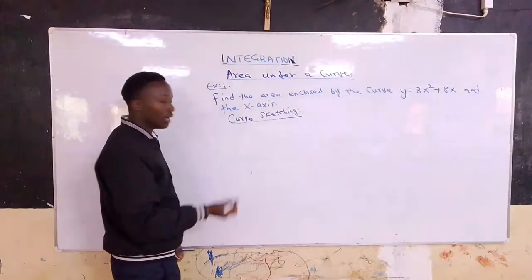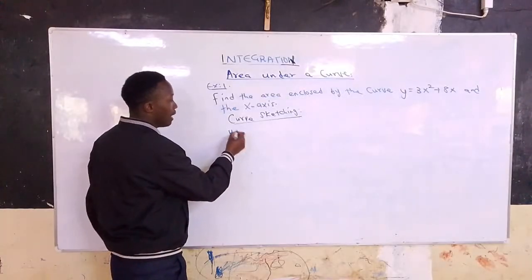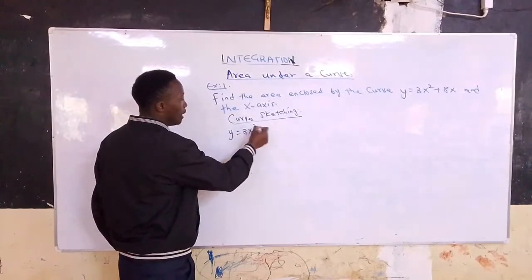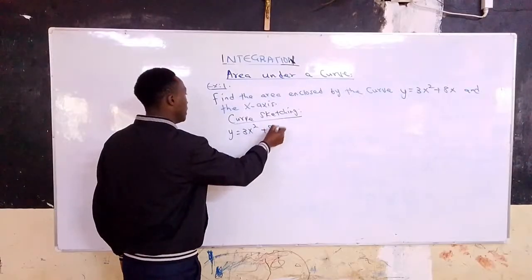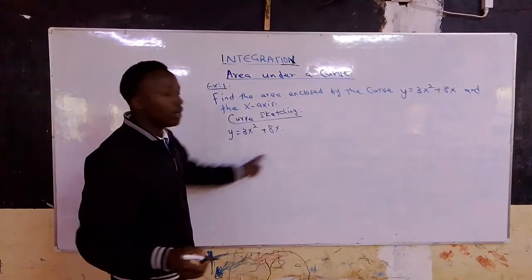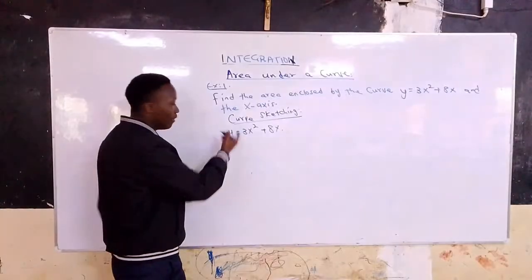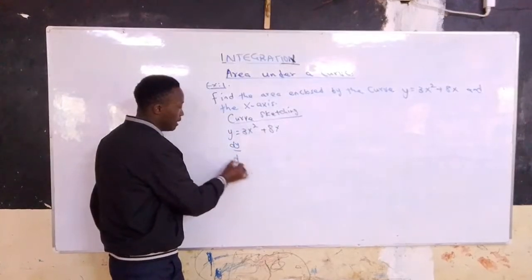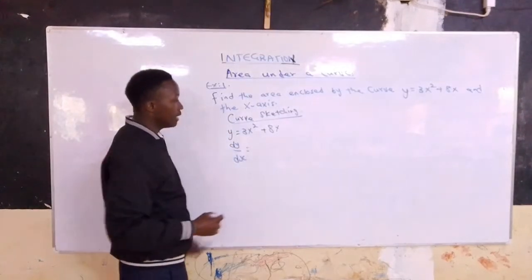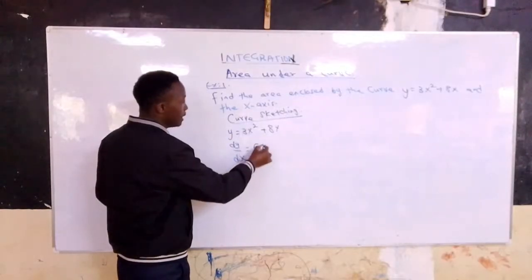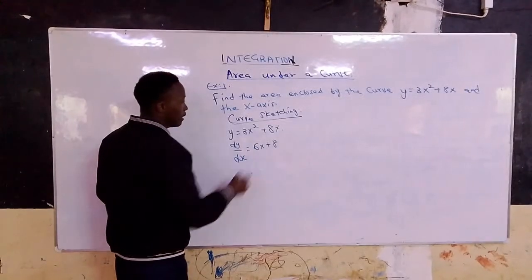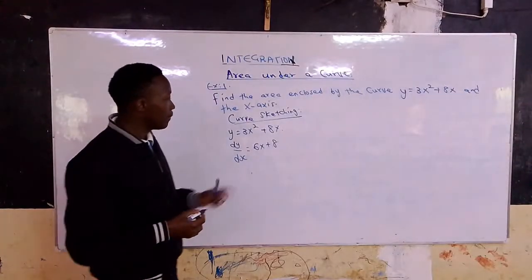So for us to sketch our curve, bearing in mind y is equal to 3x squared plus 8x, we are going to find the derivative of our function, that is dy over dx, and it will be 6x plus 8. That will be our derivative.